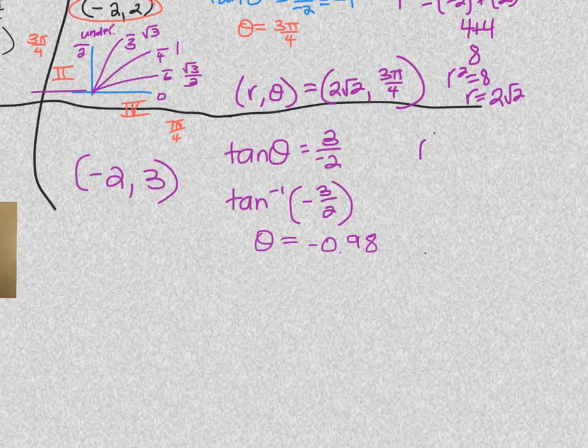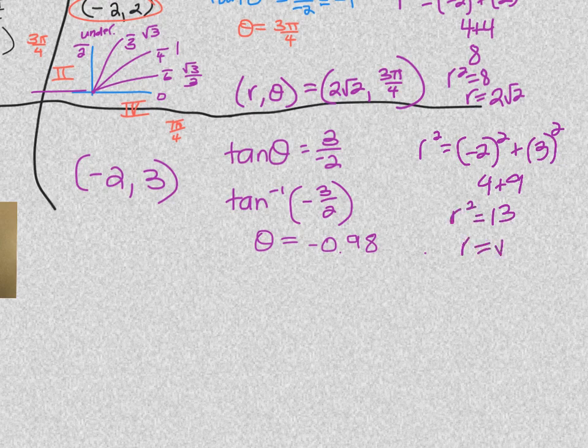And then I would do r squared equals x squared plus y squared, and I get square root 13, and my directions are going to say round to the nearest blank.